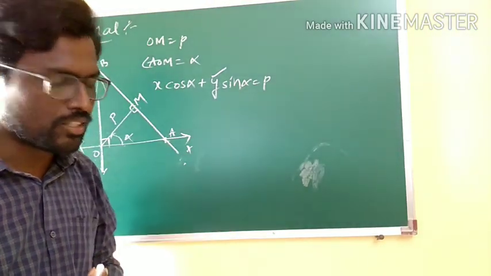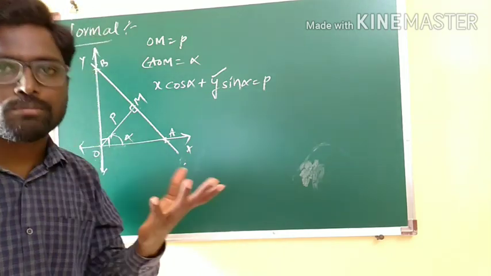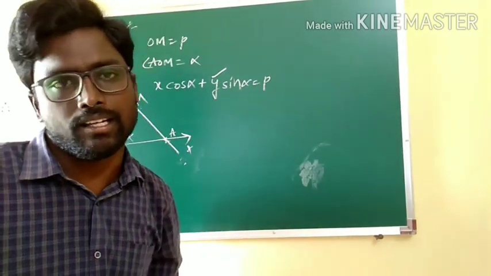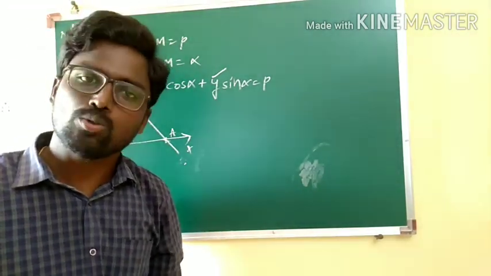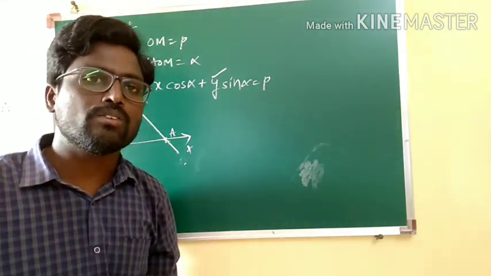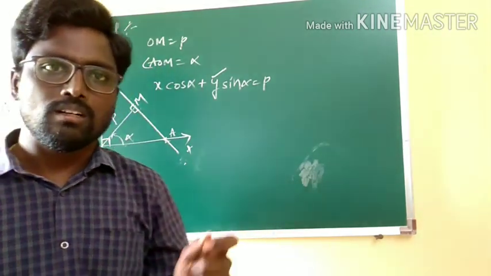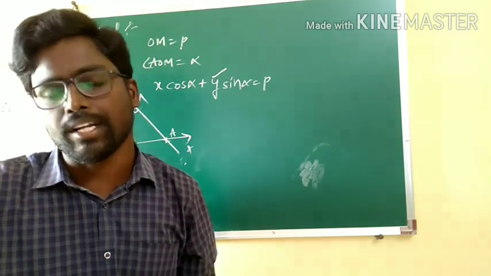As we have discussed in the previous cases, the first one is ax plus by plus c equal to 0, which always represents the straight line. Means the first degree equation in one variable or two variables gives us the straight line. And then we discussed y is equal to mx plus c, where m is the slope of the line and c is the y-intercept.